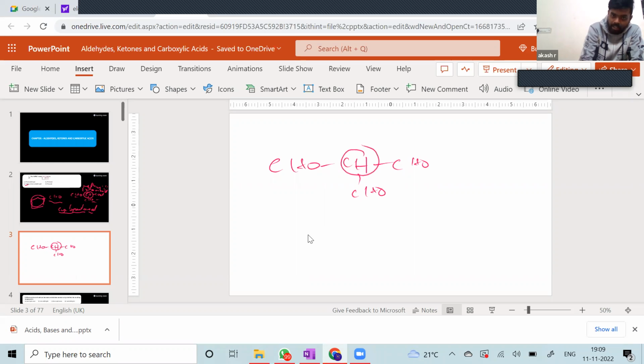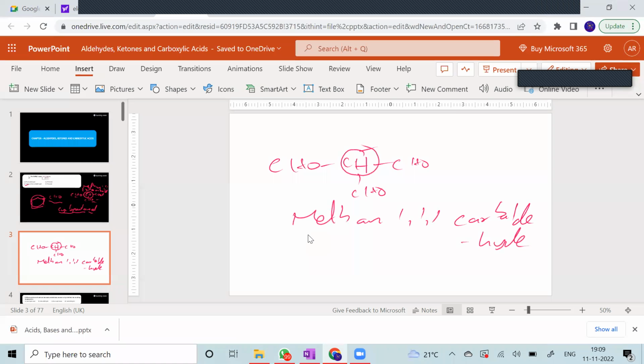You will include this only in the main chain. So you will write methane 1,1,1. There's only one carbon atom, and that is only having these 3 CHOs. So you will write carbaldehyde. Sir, 1,1,1 trial. No, tricarbaldehyde. Absolutely, it should be tricarbaldehyde.